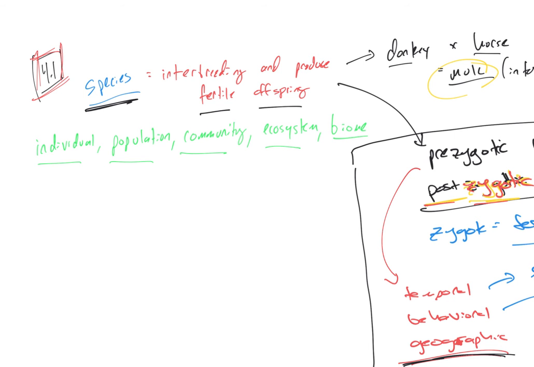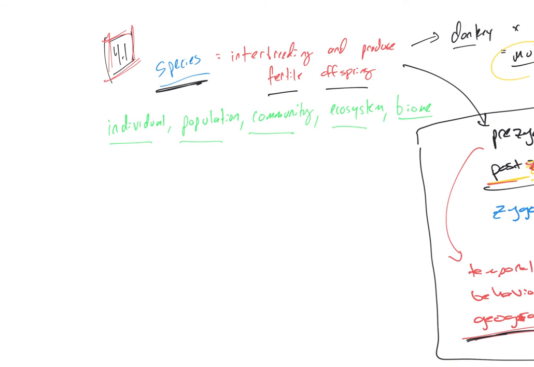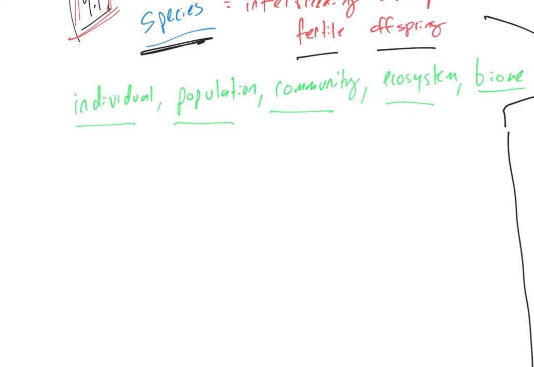Those are your key words. So, an individual is obviously just the first one. You have a population. This is a group living in the same place and time.